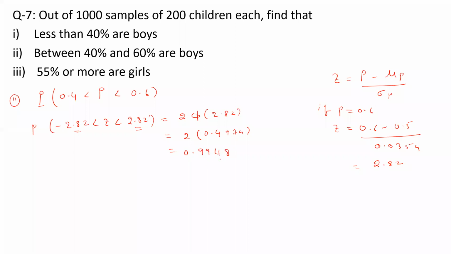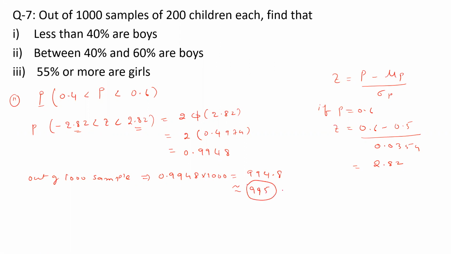So when you multiply 2 times this, you will get 0.9948. So out of 1000 sample, you have to multiply this with 1000, which comes around 994.8, or approximately I'll write 995.